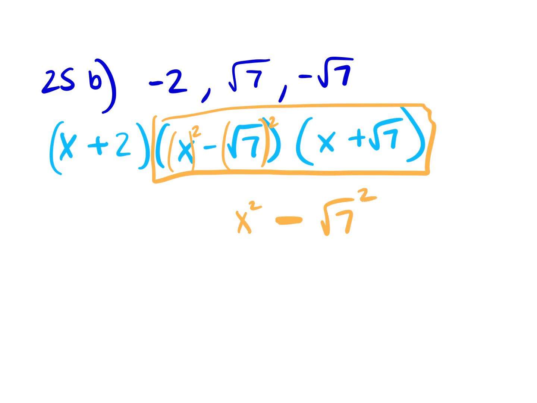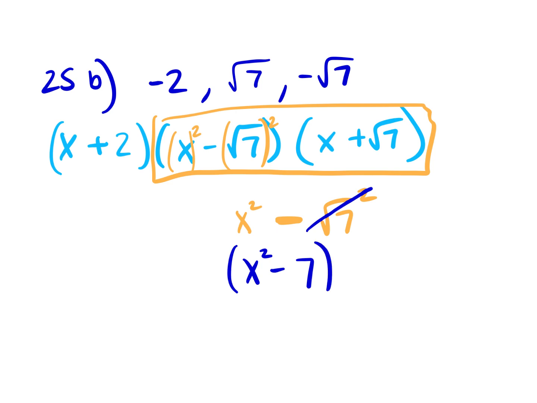Now what is square root 7 squared? Just 7. The square root and the squared cancel. So this is x squared minus 7. If you were to FOIL these two out, you'll get the same thing because you're multiplying the first, the outers and the inners end up canceling, and then it's the last multiplied together. So you'd get the same thing if you FOILed this out.